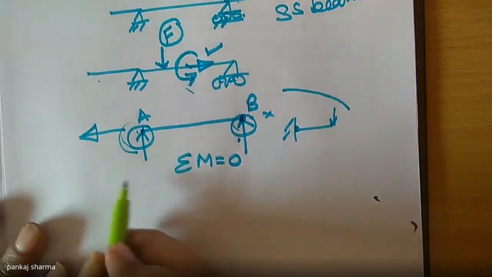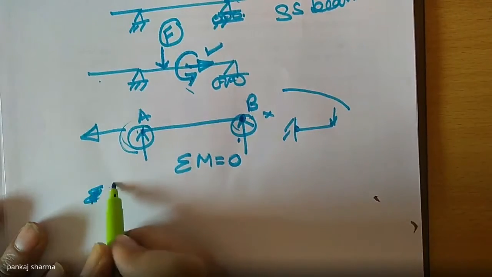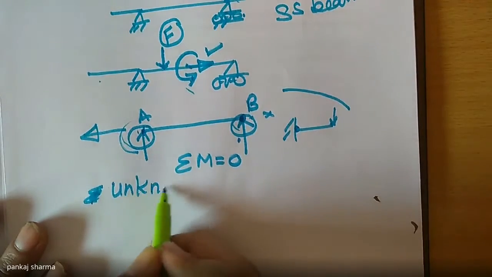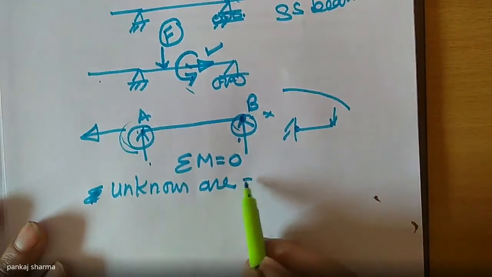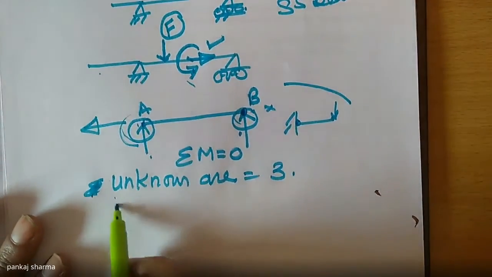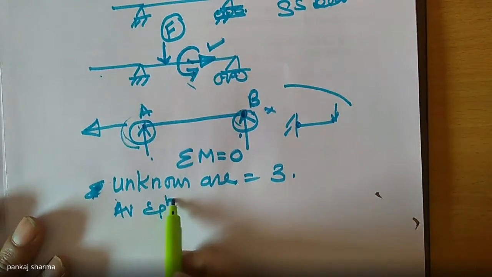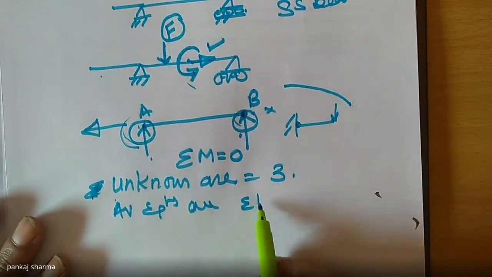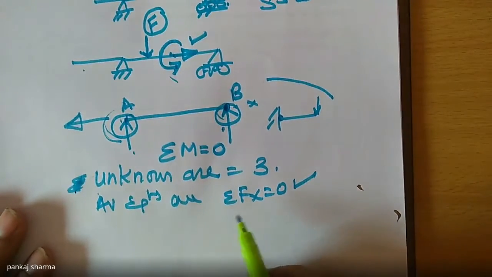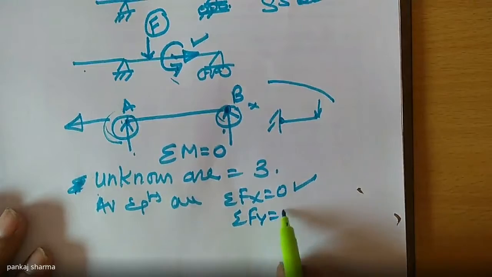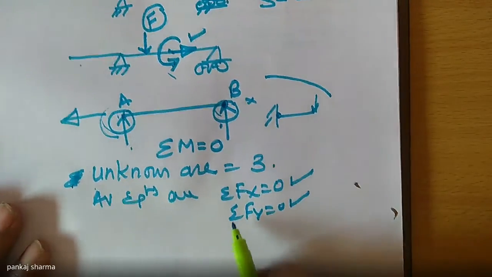So the number of unknowns are 1, 2, 3. The available equations are ΣFx equal to 0. Yes, it is useful, as an external force is there along the x direction. ΣFy equal to 0, yes, it is also useful because a vertical force is there.